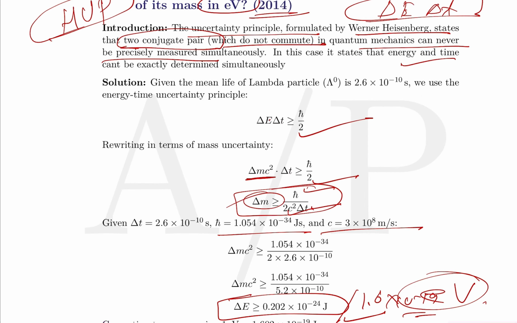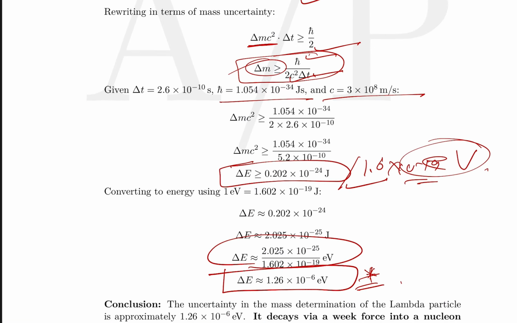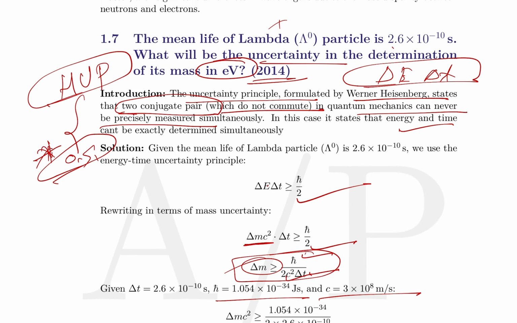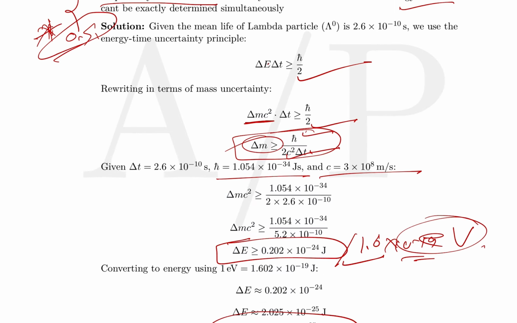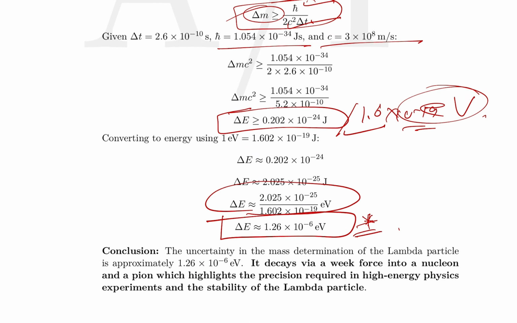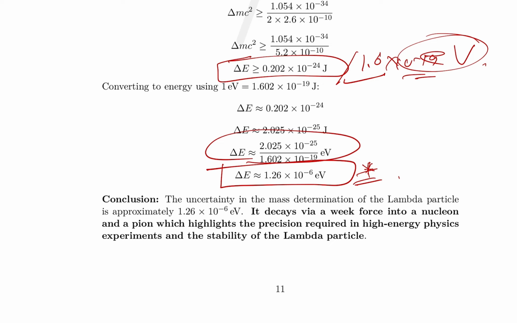So the key point in the question is this introduction. If you write this introduction, you definitely gain 0.5 marks. And in this calculation we can't add much. You can simply do one more thing, that you can write now in conclusion the significance of the lambda particle, or what is a lambda particle, or what is the physical significance of a lambda particle in nuclear physics or in particle physics or in high energy physics.